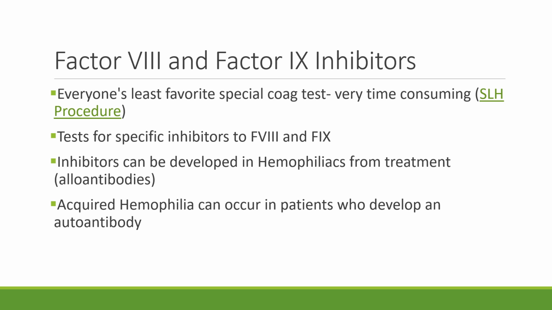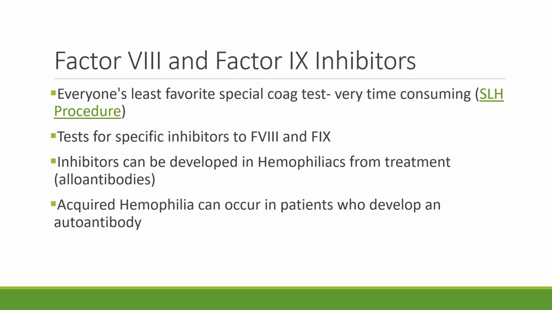In the event that we are performing our factor assays and we come across low activity despite perhaps being given recombinate or Benefix for hemophilia treatment, we may be suspecting a factor 8 or factor 9 inhibitor.